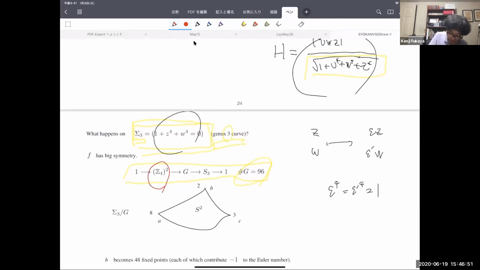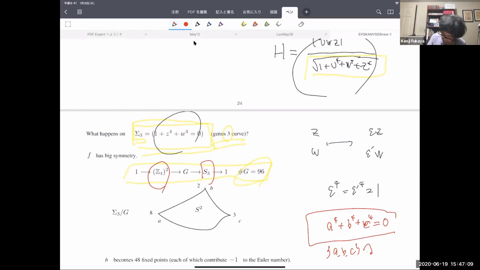And this S3, to see S3, you can just change this to a homogeneous form, right? Then you have this set A, B, C, and this symmetric group just exchanges A, B, C, that acts here. So this is this group.